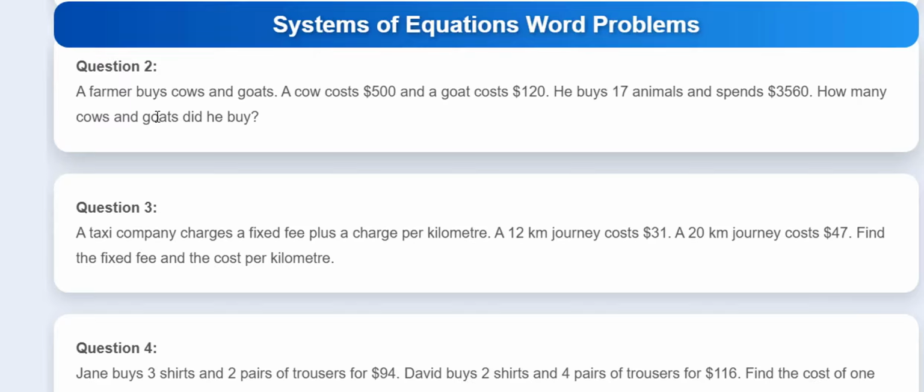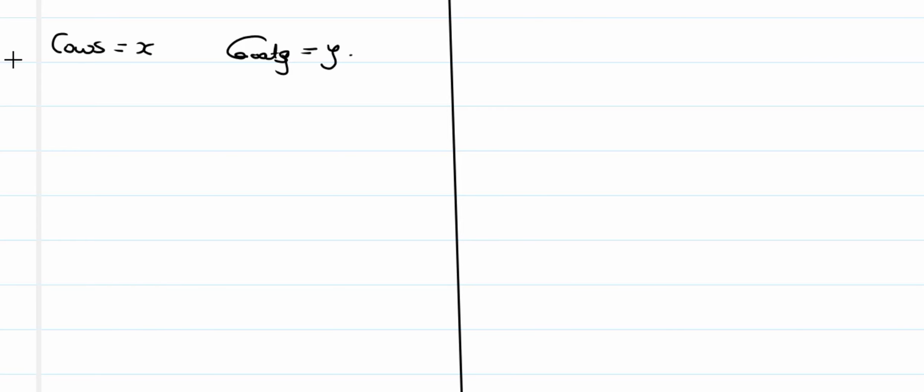And then from there, you are told a cow costs $500. So meaning, for the total number of cows this farmer bought, all of them cost 500 multiplied by the total number of cows bought, which was x. So all of them cost 500x.